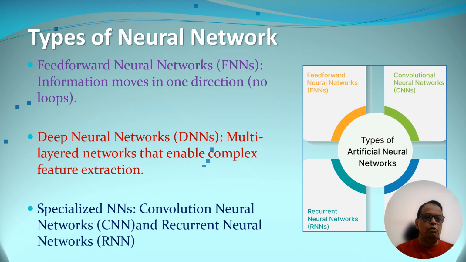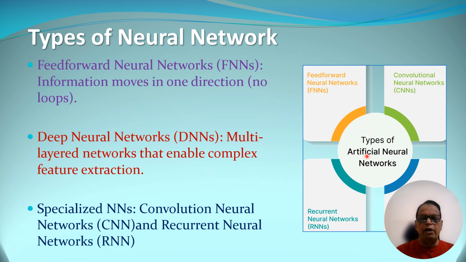So let us understand what we mean by the different types of neural network. Friends, as you know, a neural network is a network that is used by people in order to process information.